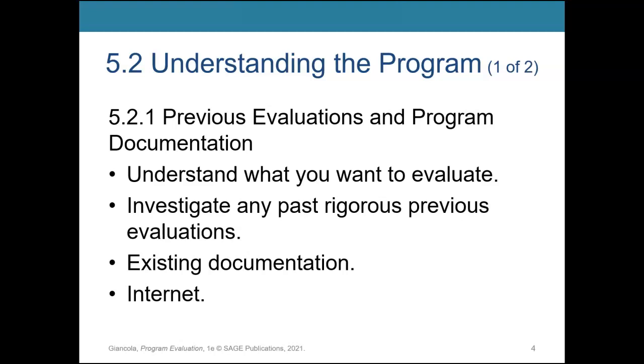Look at existing program documentation. What already exists out there, such as strategic plans, training materials, meeting minutes, requirements from government, information that you have or that the organization has on this program that can make it useful to understand the context in which it's all being implemented.